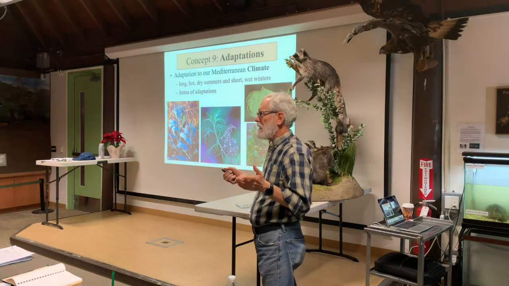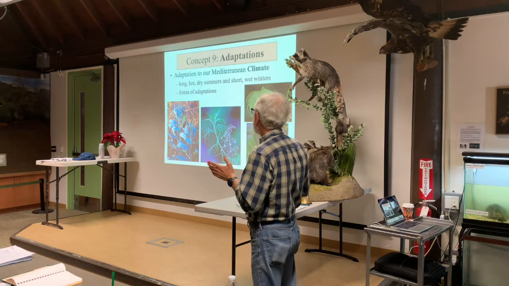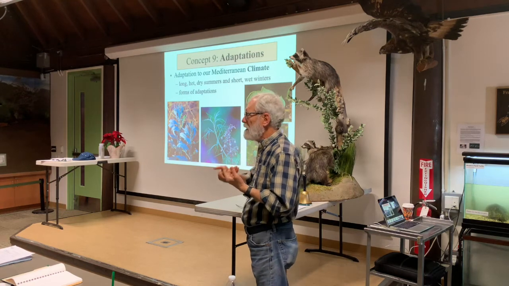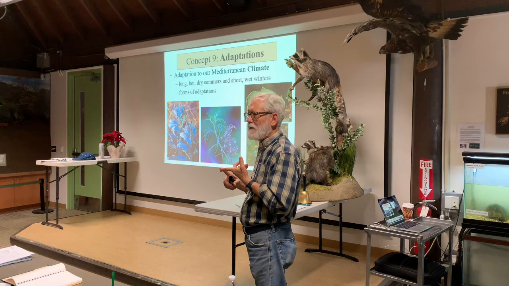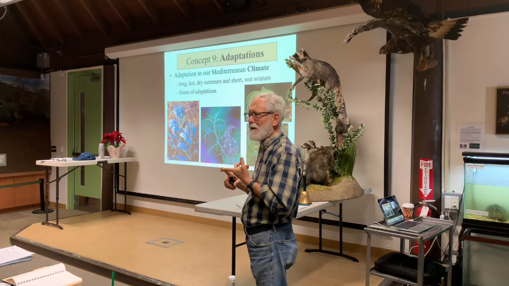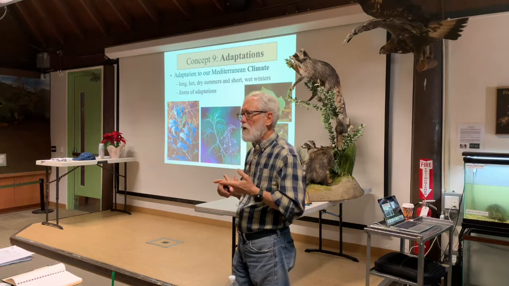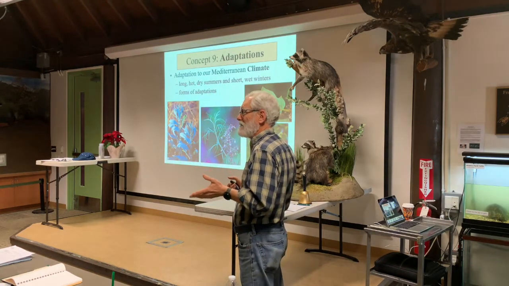Have you heard about the Mediterranean climate? Okay, so you know that in the Mediterranean climate that we have here in most of California, we have short, kind of damp, not very wet, but damp winters, and long, hot, dry summers. So that long, hot, dry summer is a real problem for plants to survive.